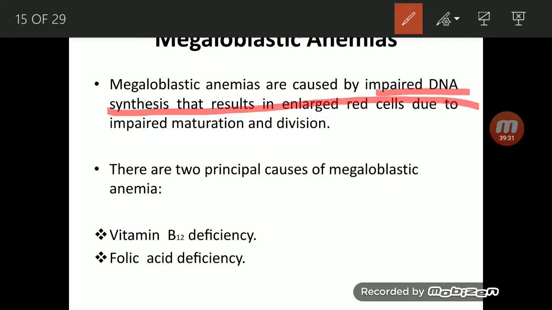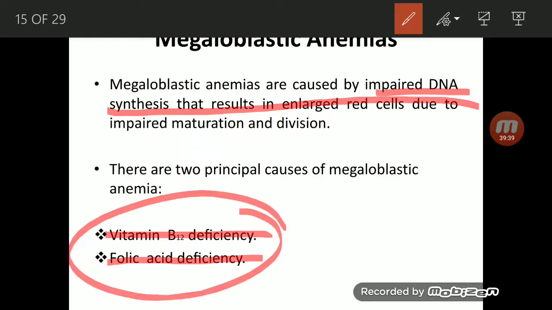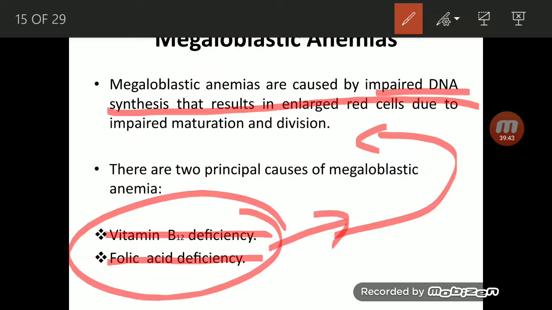Two main causes are vitamin B12 deficiency and folic acid deficiency. Both vitamin B12 and folic acid play an important role in your synthesis of DNA. So if anyone is deficient of vitamin B12 as well as folic acid, then it will lead to megaloblastic anemia.